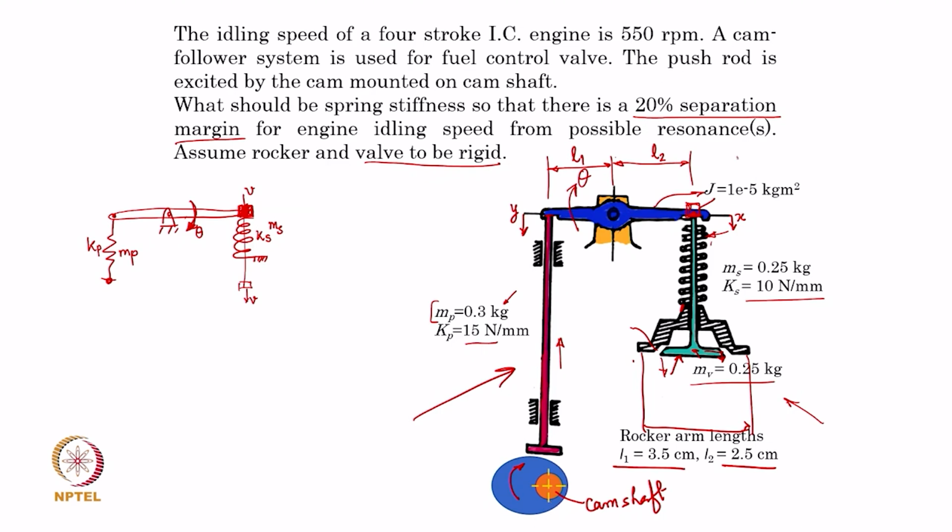This entire physical system is now converted into a simplified vibratory model, which is an oscillating rocker arm fulcrumed here with a spring attached at one end and another spring at the other end, and the only degree of freedom we are accounting for is theta.